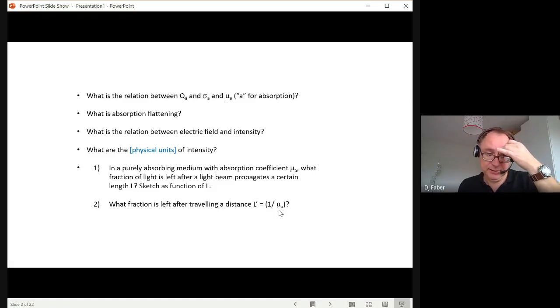So you can then write an expression for these situations and see what comes out at the other side, and then you will find that there is a difference between these two situations. So that basically tells us that you can have the same amount of absorbing molecules in a measurement situation, but it depends on how they are organized what kind of absorption you will measure.